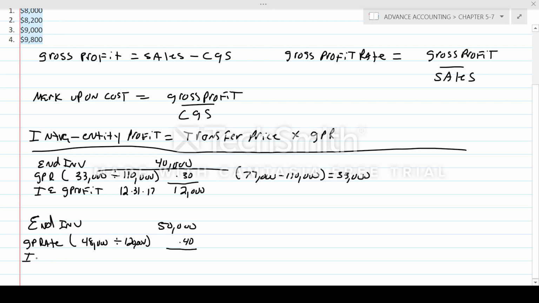It's going to give you an intra-entity gross profit of $20,000. And again, this $48,000 was calculated by taking the $120,000 minus the $72,000 given to you.